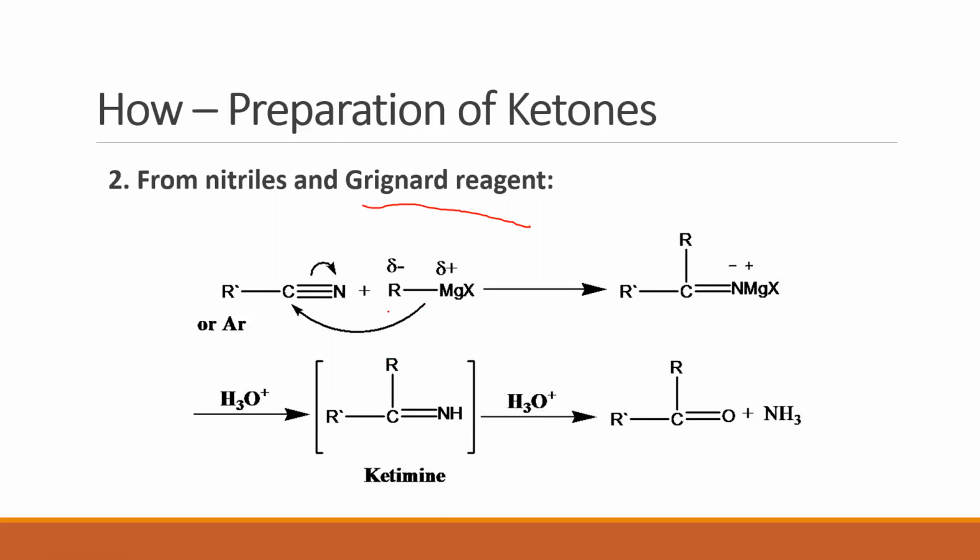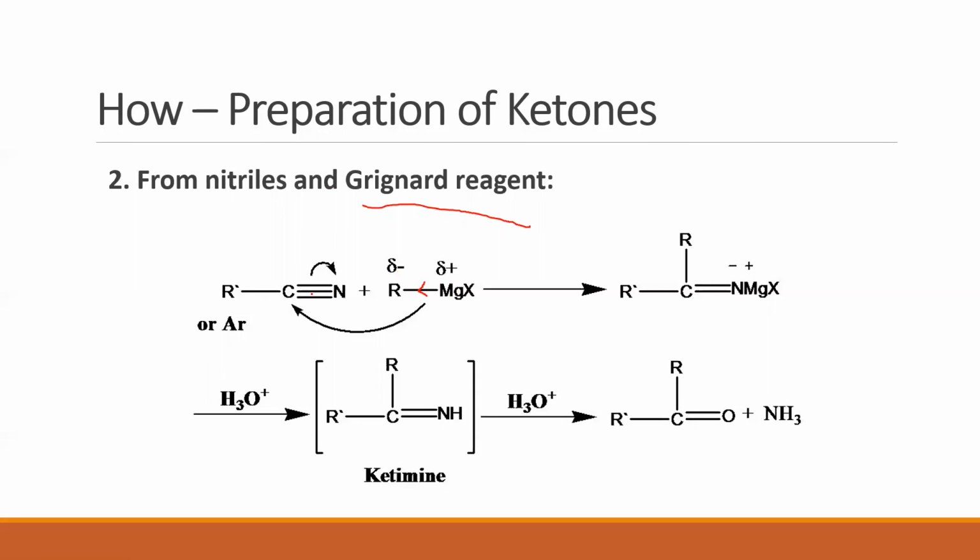Now the polarities are clearly defined. R is negatively charged and magnesium is positively charged, naturally, because magnesium is a metal. Compared to a metal, a carbon is more electronegative. It will pull electrons towards itself. Thereby, we see a partial negative charge on R and a partial positive charge on Mg.